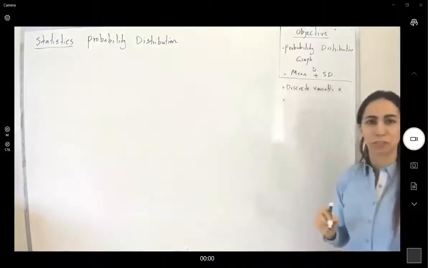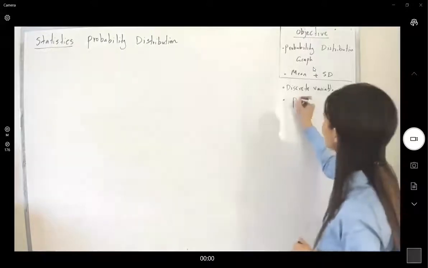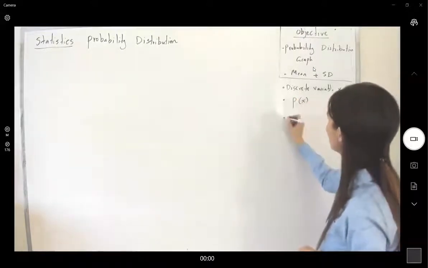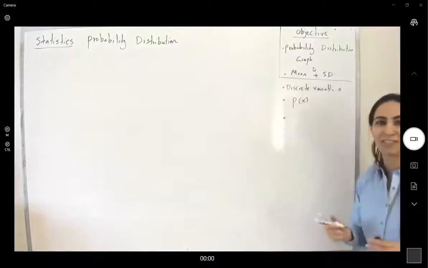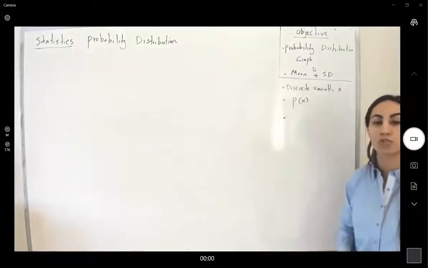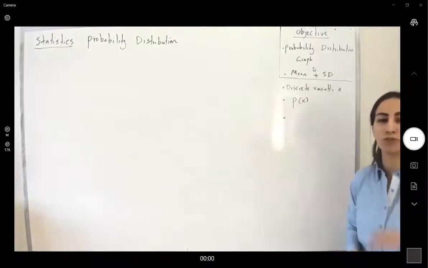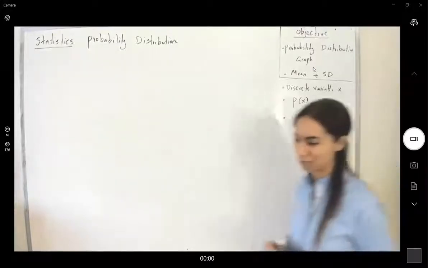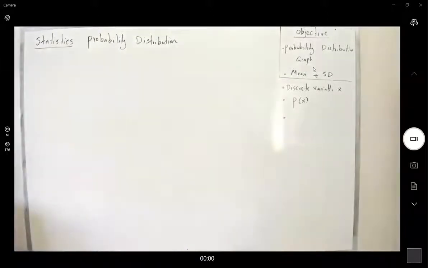Then we define the probability for that variable x, p of x. And now we're going to talk about different examples. When we have an example, how can we make sure we have the probability distribution for that variable and how can we visualize that? So let's take a look at this example.